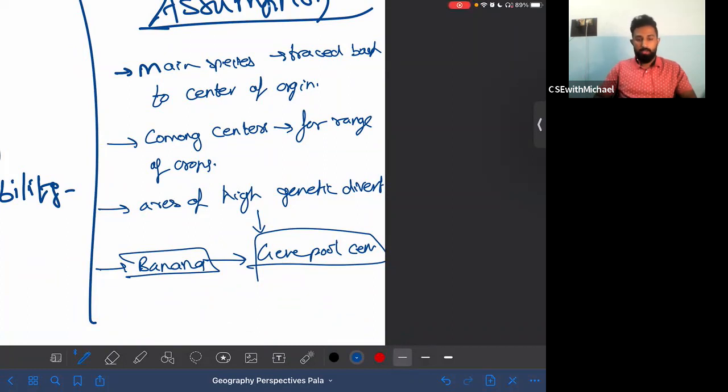So he identified 7 such centers. 7 such centers have been identified by Vavilov.